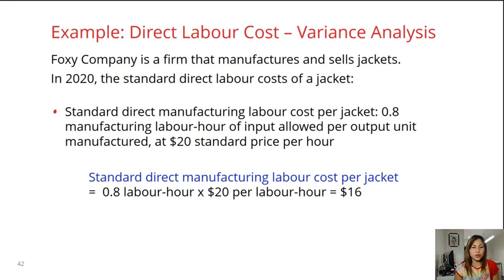And which information can we use for calculating variance? 0.8. So this is what we call standard quantity that you set per unit. Okay, standard quantity of direct labor per unit of output. And the $20 is the standard price or the standard rate for direct labor used for the production.